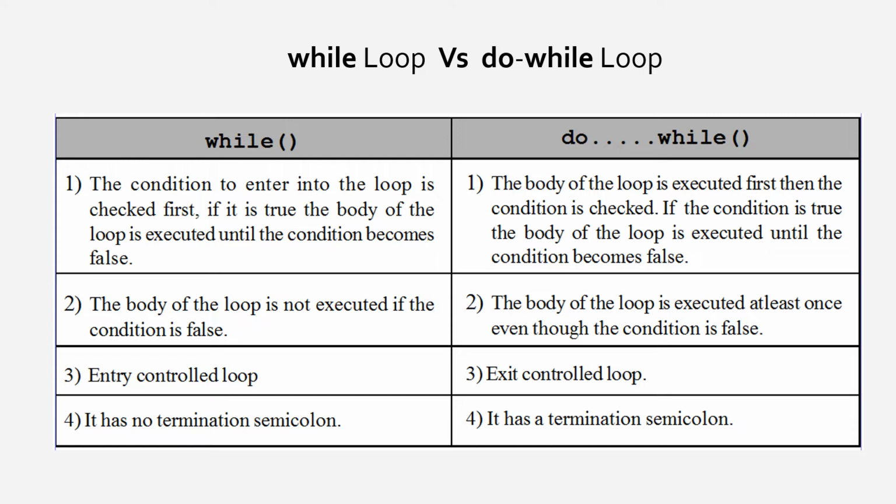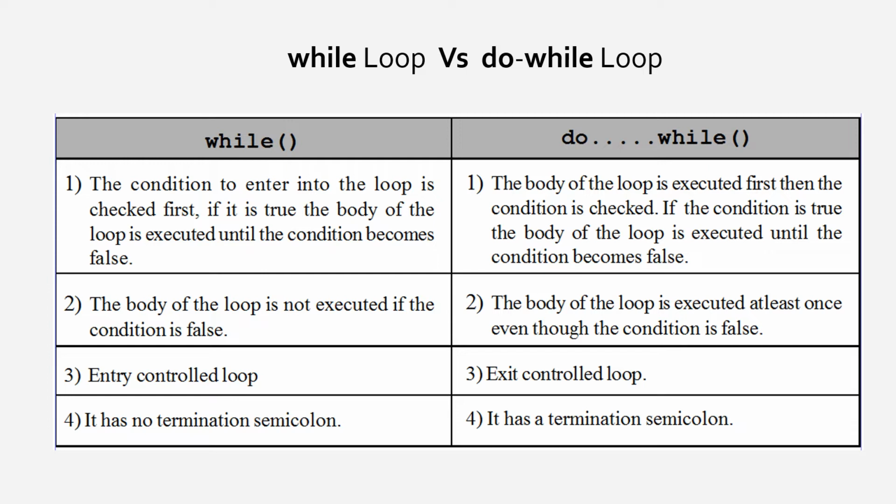If the condition is true, the body of the loop is executed until the condition becomes false. Second point, in a while loop the body of the loop is not executed if the condition is false. But that is not true in the case of the do while loop. The body of the loop is executed at least once, even though the condition is false.